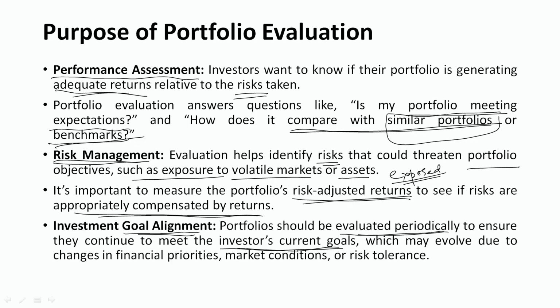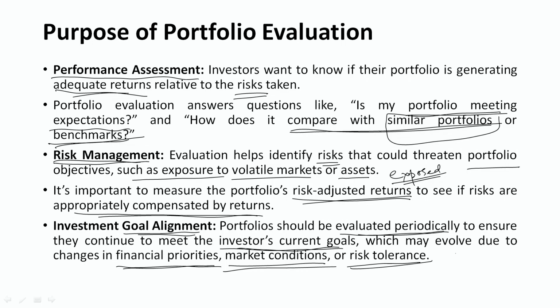If such securities are identified, I will be able to prioritize the financial goal. I am taking into consideration the market condition, and I am also talking about risk tolerance here. So, there are three major conditions which talk about goal alignment.